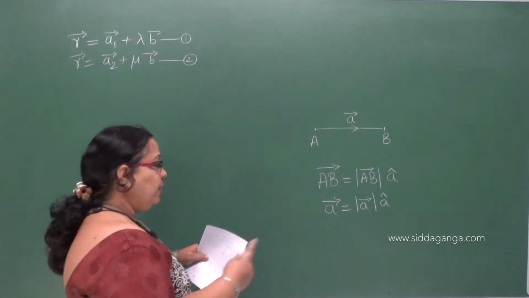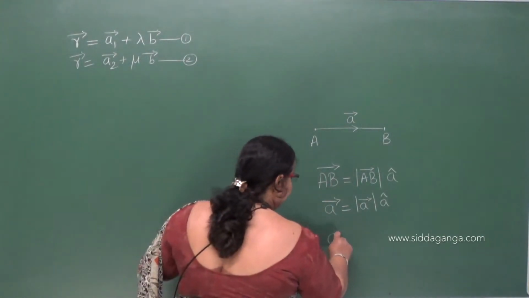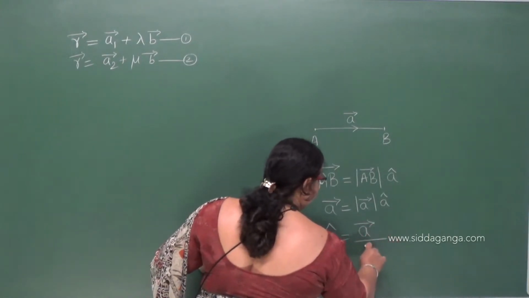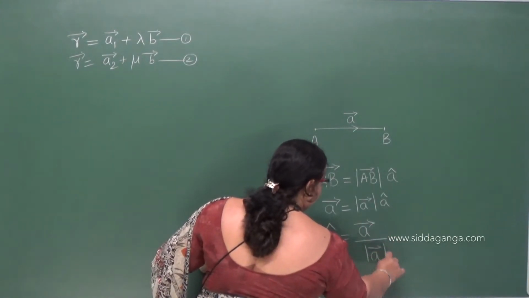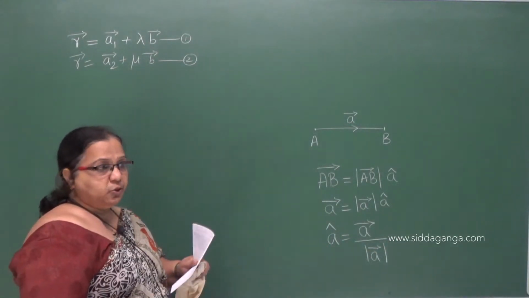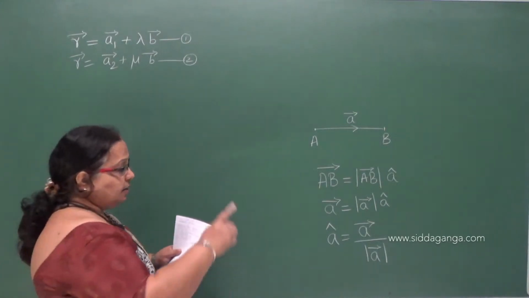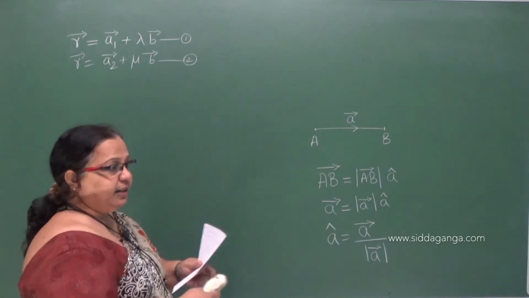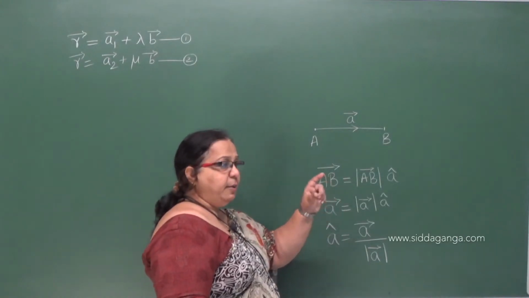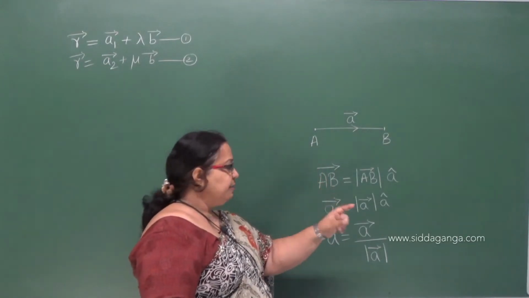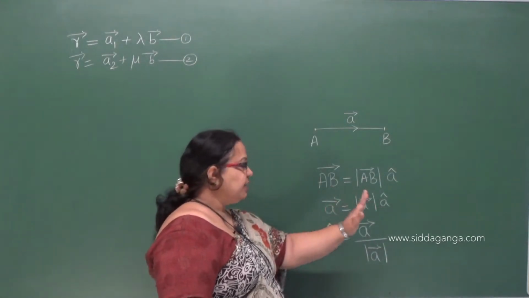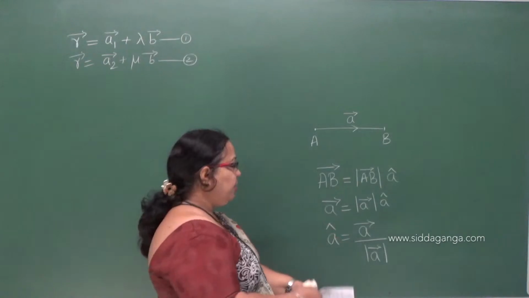Already we know how to find the unit vector. Therefore A cap equals vector A divided by magnitude of vector A. So when I convert a line segment to a vector, it becomes vector A equals the magnitude of that line segment into the unit vector along its direction. So we will use this.